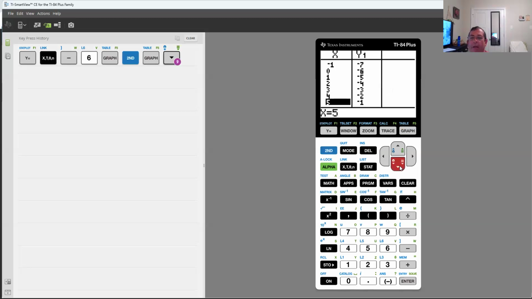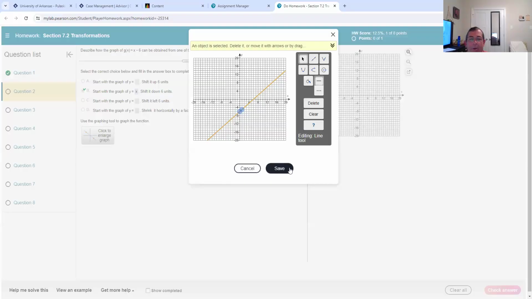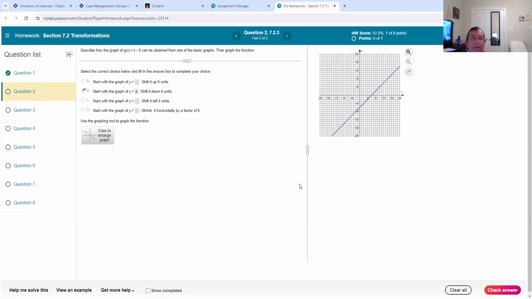Okay, you can plot any of these x values you want to, 2 of them to get that line, okay? So y'all, if you don't like having to do the table and get your own y values, just plug it in the calculator and let it help. All right, so y'all, there it is, the same line. So I'm just going to hit save. And then you're going to check your answer.